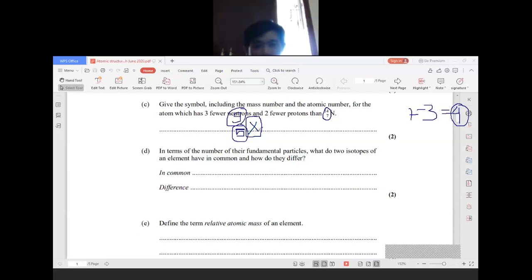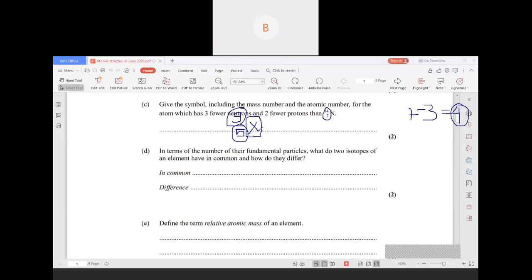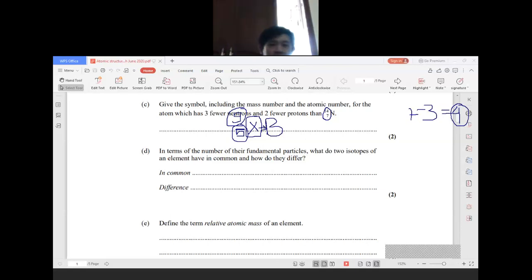If I do not see the periodic table, I also do not remember. Boron, sir. Yes, correct. So X is boron. So boron is the atom that has 3 fewer neutrons and 2 fewer protons than nitrogen.